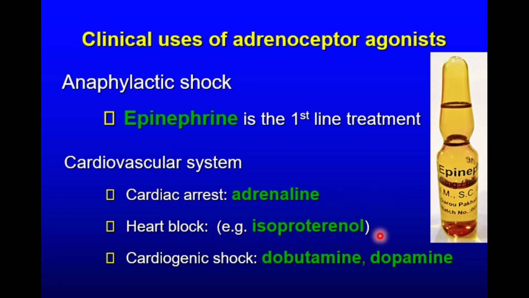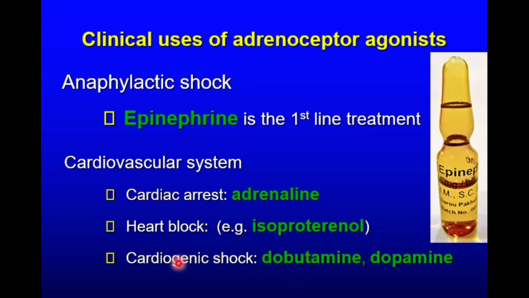Isoproterenol is temporarily used in the treatment of heart block. Long-term treatment needs an artificial pacemaker.